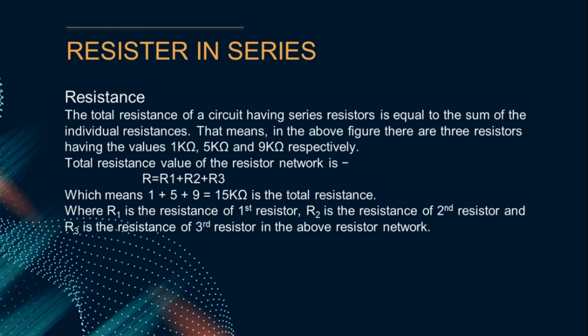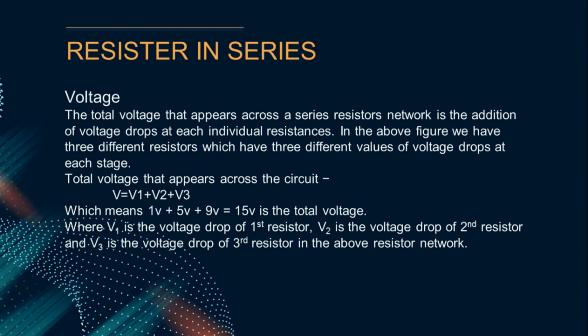The total resistance of the resistor network is R equal to R1 plus R2 plus R3, which means 1 plus 5 plus 9, 15k ohms is the total resistance, where R1 is the resistance of the first resistor, R2 is the resistance of the second resistor and R3 is the resistance of the third resistor in the above resistor network.